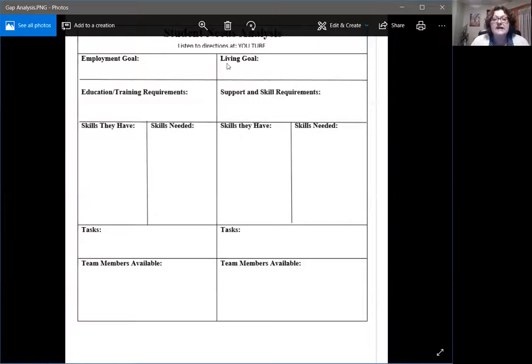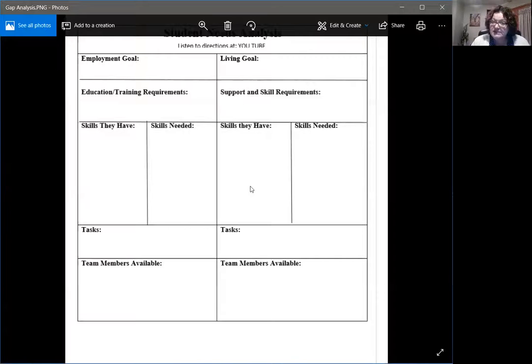You're going to do the exact same thing for a living goal. If the student wants to live in an apartment with a peer, we're going to say, well, what support and skill requirements are they going to need? If the student has struggles with money management, they are definitely going to need money management. We're going to put the skills that we identified in step 1, and then we're going to look at the skills that are needed.